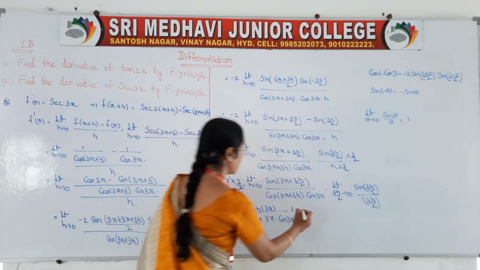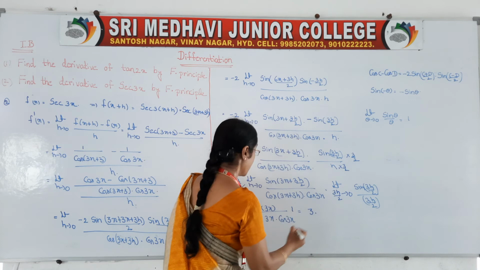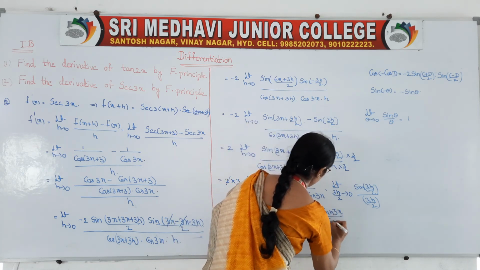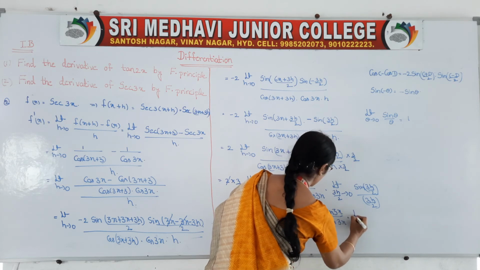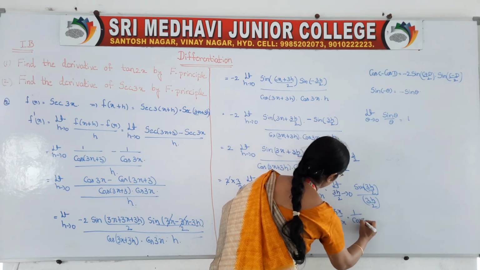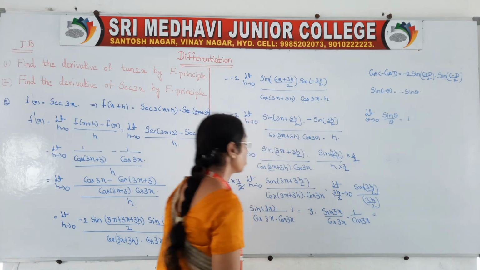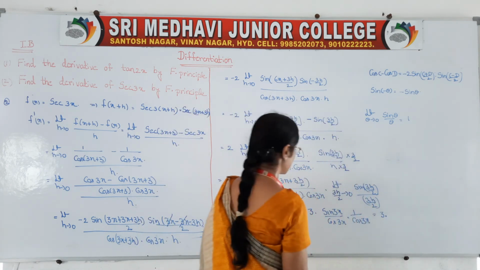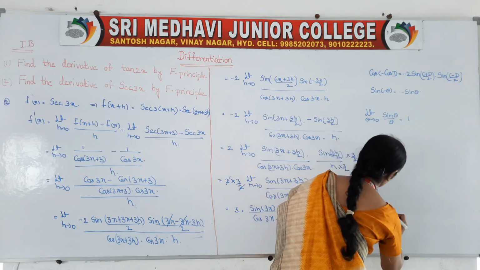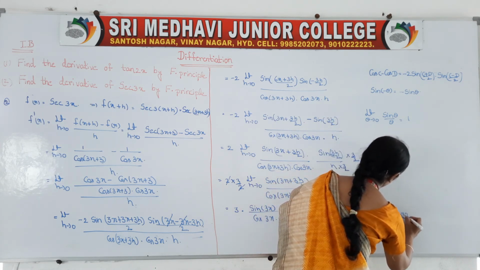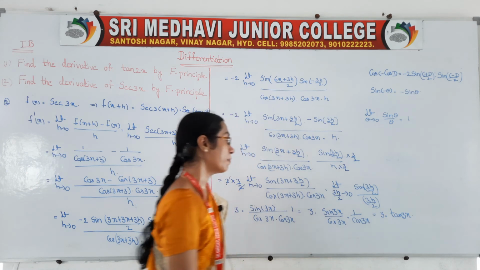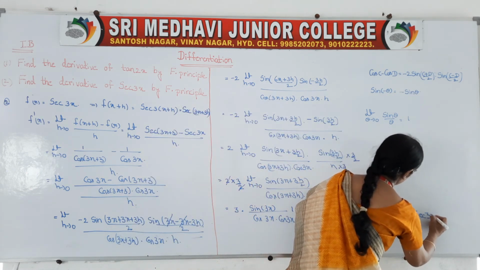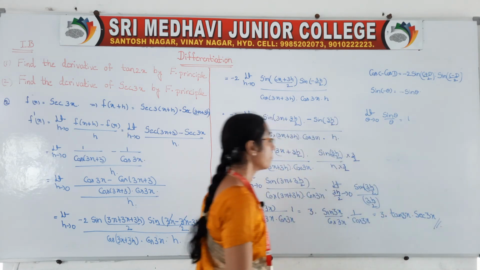So it is 3 into sin 3x by cos 3x into 1 by cos 3x. Sin by cos we can write tan 3x, into 1 by cos, which is secant 3x. That is the answer of your question.